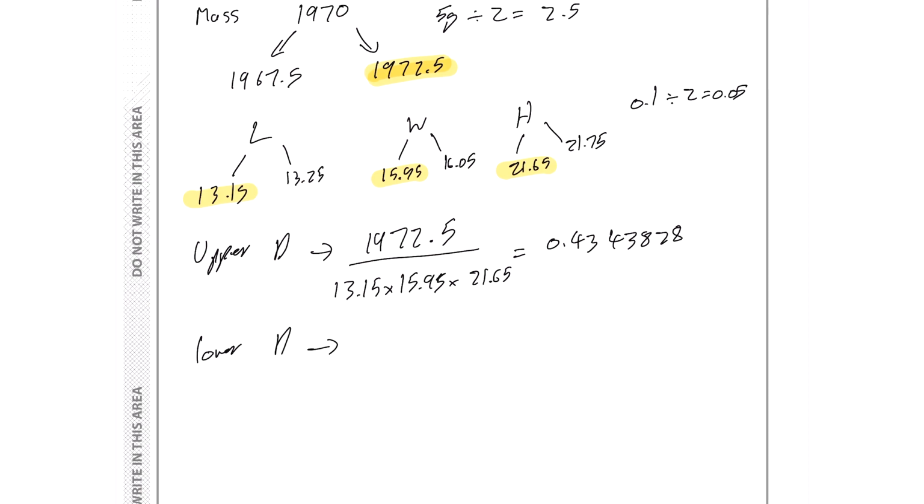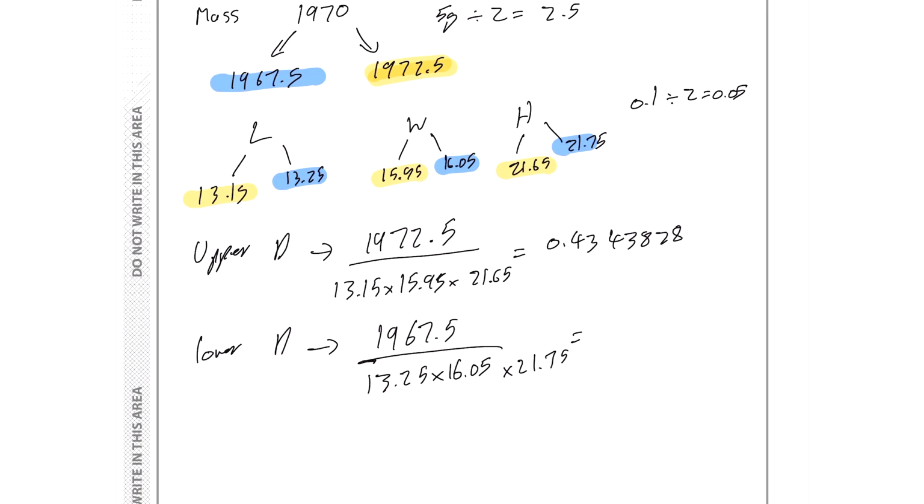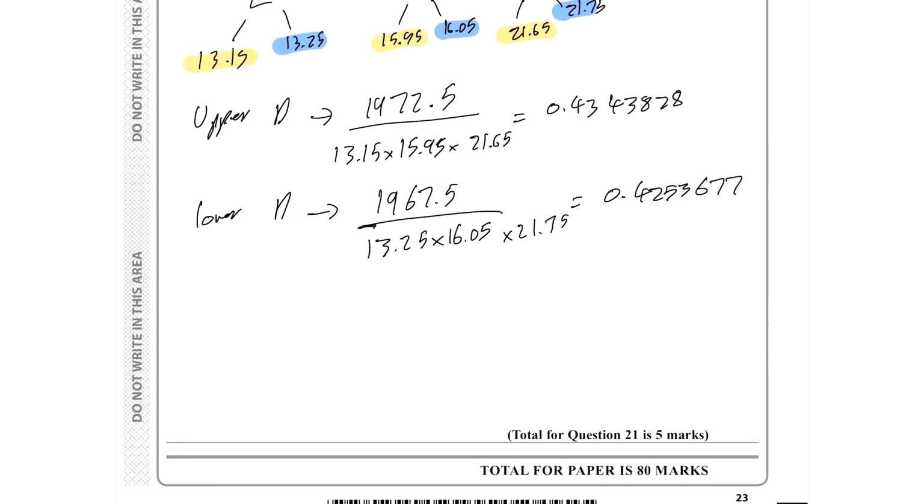And then for the lower bound for density, we're going to use the lower value for mass, and it will be the upper value for the volume. So that becomes 1967.5 divided by 13.25 times 16.05 times 21.75, and that becomes 0.4253677.